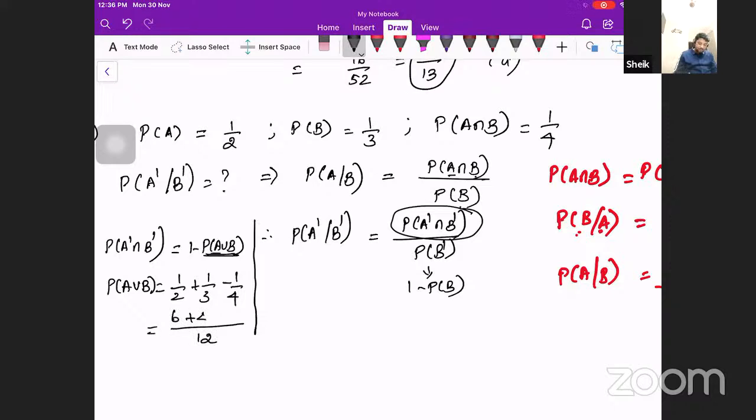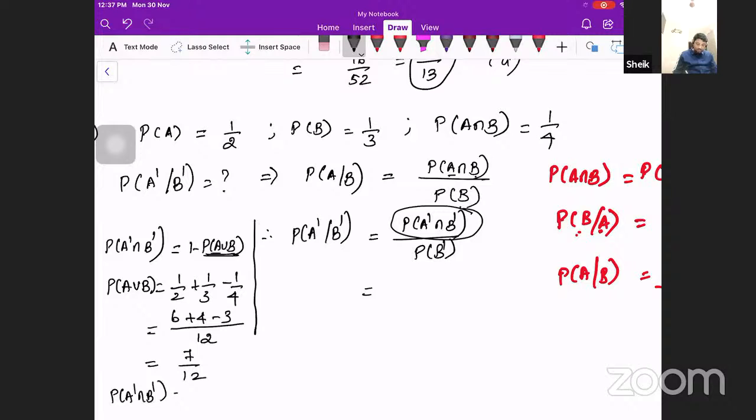Therefore 6 plus 4 minus 3, which is 7 by 12. So P of A union B is equal to 7 by 12. Now look at this. P of A dash intersection B dash is nothing but 1 minus P of A union B.